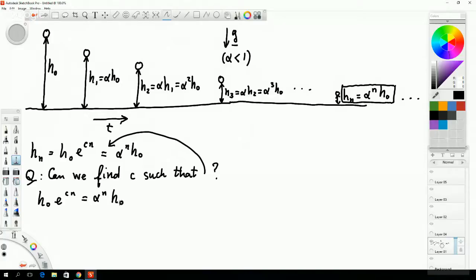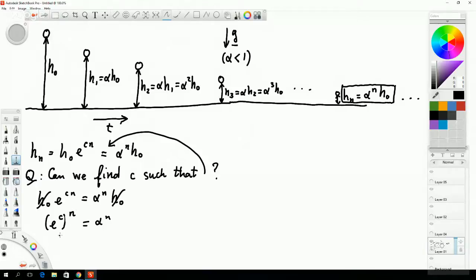Okay, h0 is obviously a non-zero height, so we can cross this out of the equation from both sides. So we're supposed to have e to the cn equals alpha to the n. Now, e to the cn, by the properties of the exponential functions which we studied last week in the workshop, is just equal to e to the c to the n. So I can just bracket the e to the c and then put the n here.